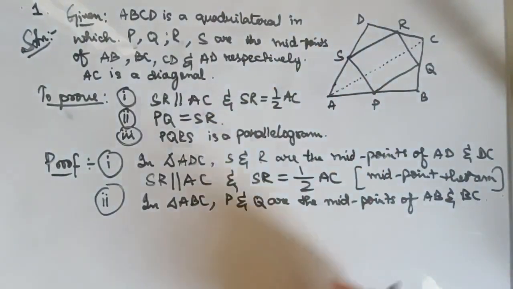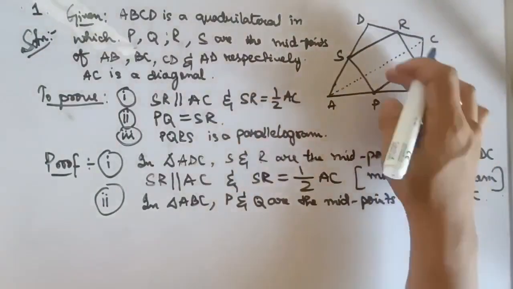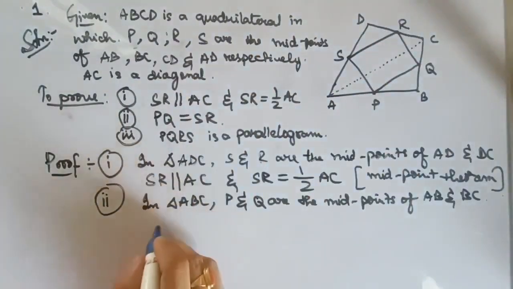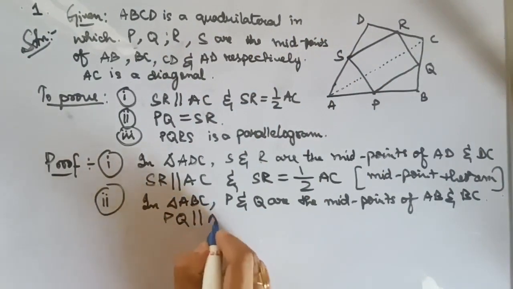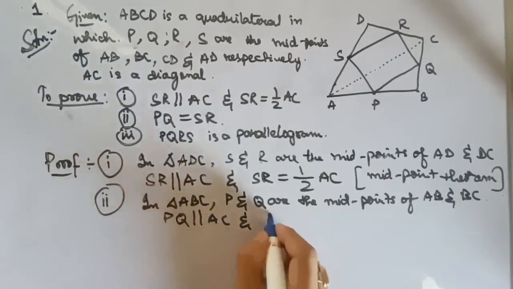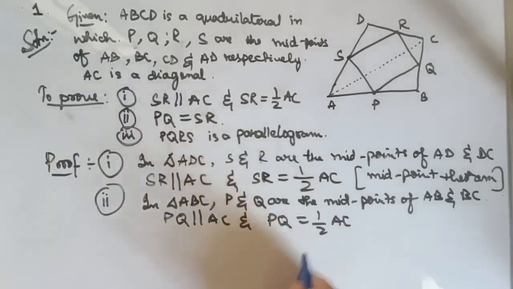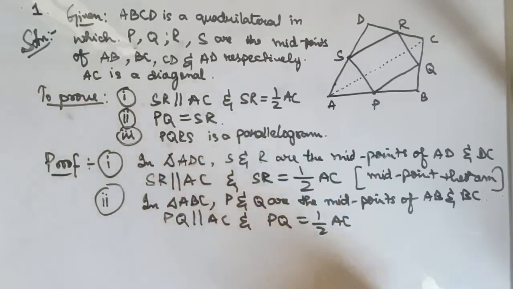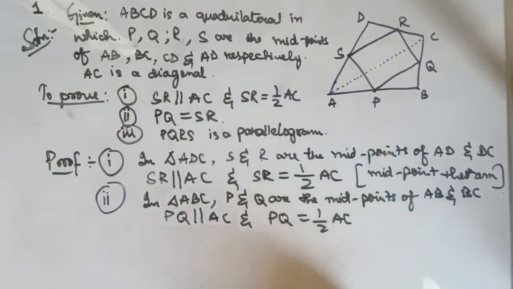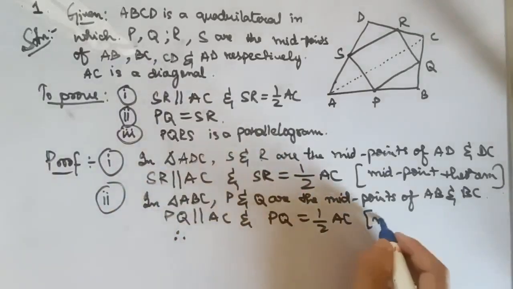So the line joining these midpoints will be parallel to the third side, that is AC. So similarly, PQ will be parallel to AC and PQ will be equal to half of AC. So from these two, SR equals half of AC and PQ equals half of AC. We can say that PQ is equal to SR. Therefore, this is also by the midpoint theorem.